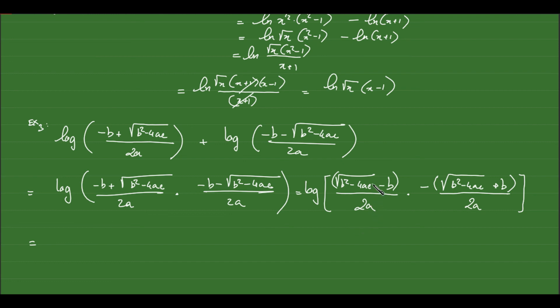Now, this is two fractions multiplying each other, so I can multiply across. So 2 times 2 is 4a squared.